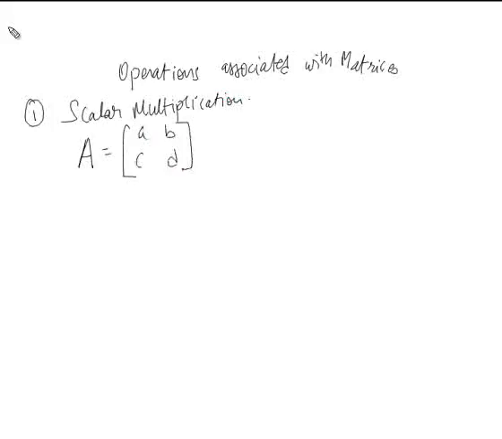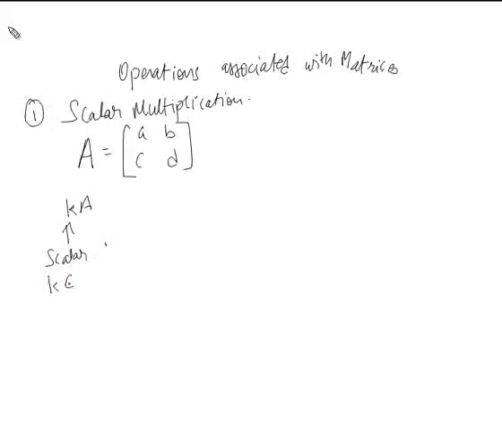First thing we will see is scalar multiplication. That is, I have a matrix called A which looks like this. I am taking an example of a 2 cross 2. Then how will KA look? K is a scalar. Scalar means it's a what?